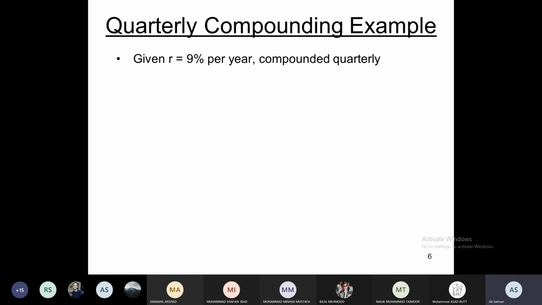Effective quarterly rate and effective annual interest rate. Tell me what should be the value of M. Like in the monthly example, M was 12.